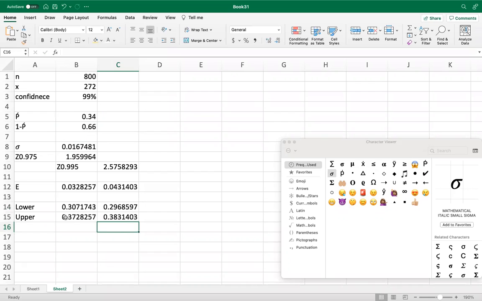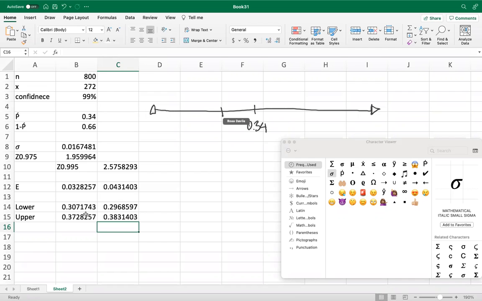There we go. So now looking at these values here, let's put it all on one number line so that we could see exactly what's going on. Here, in the very, very middle is p hat. So we have 0.34, and starting off with the 95% level of confidence, we have 0.307.